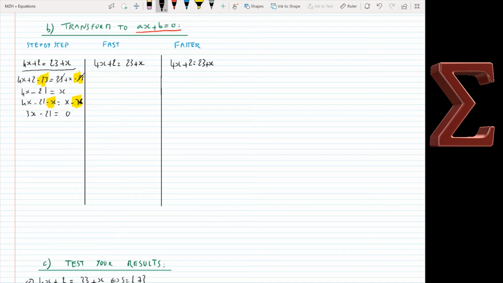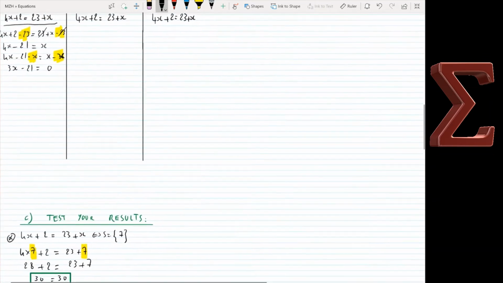Now this looks pretty close, because we know how to solve ax plus b equals 0. We have 3x minus 21 equal to 0. Now we have to identify the values of a and b, and using the lesson learned from theory lesson number 1, we'll be able to get straight to the result.